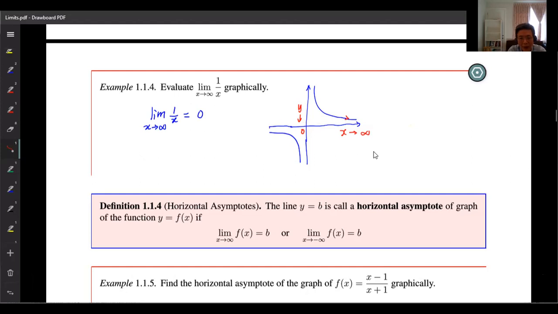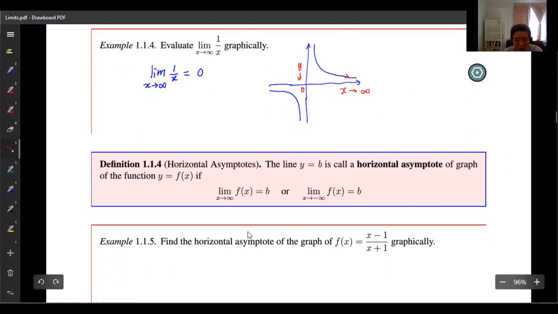If the function limit at infinity equals a fixed number, a finite number, then we say this line, y equals b, is a horizontal asymptote.